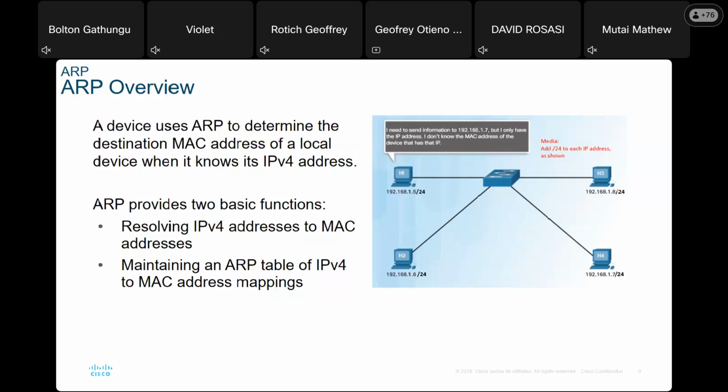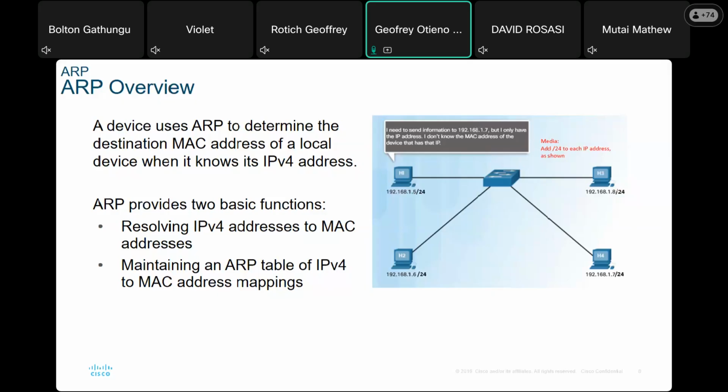Resolving IPv4 addresses to MAC addresses. The function of the ARP is the mapping. Within the ARP table, we expect these addresses to be what? Mapped. So it maintains that ARP table of these addresses, IPv4 to MAC addresses, being mapped within the ARP table.